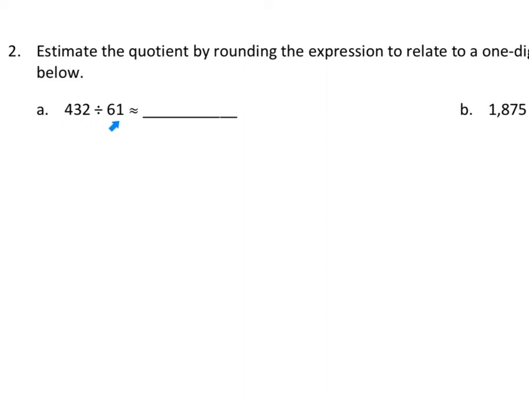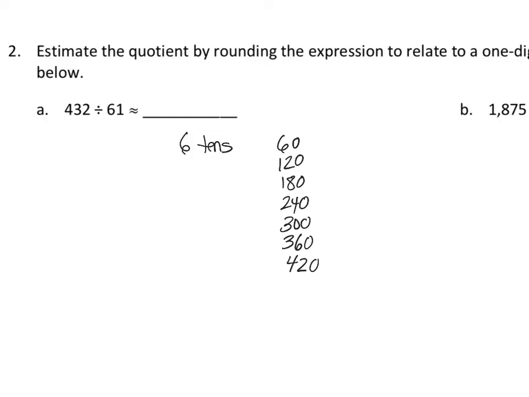So 61 is close to 6 tens. So I'll write that down, 6 tens. Now we need to find multiples of 6 tens. So we could do 6, 12, 18, 24, 30, 36, and 42. Now I'm going to go ahead and add zeros to these: 60, 120, 180, 240, 300, 360, and 420.